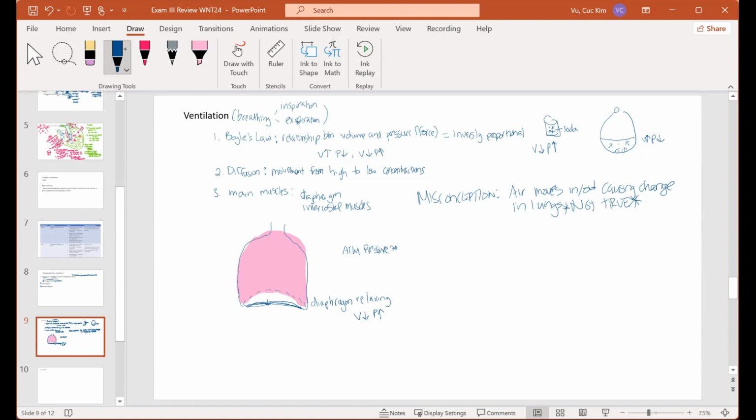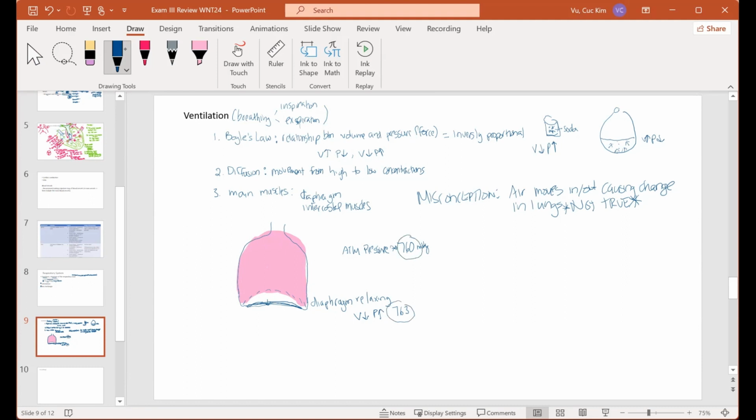The atmospheric pressure is about 760 millimeters of mercury. So when the volume decreases and the pressure increases, the pressure goes to about 763. At this point, the pressure in the lungs is higher than the pressure in the atmosphere.